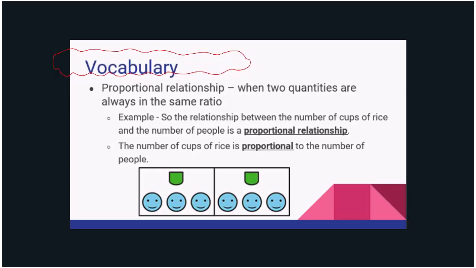So again, a proportional relationship is when 2 quantities are always in the same ratio. And I'll give you another minute to copy that down.